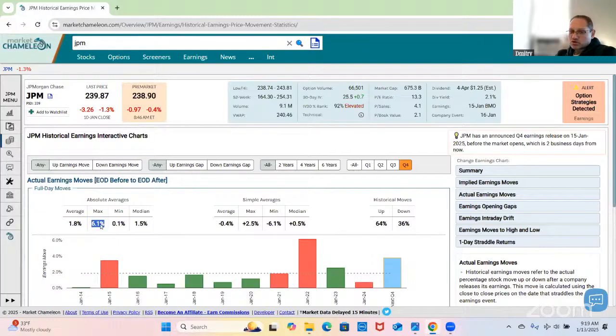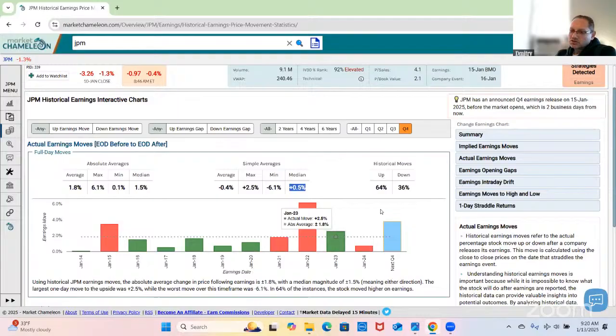Biggest move 6.1%, unchanged, and median move 1.5. And you could see here the average. On average, if we averaged out all the moves, it was negative 0.4%. But the best move to the upside was 2.5%, worst 6.1%, and the median 0.5%.